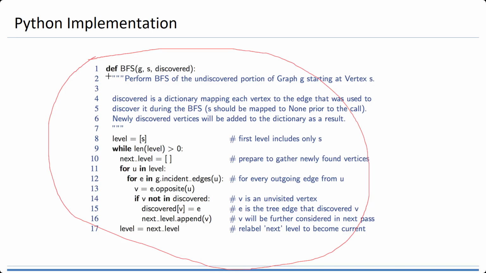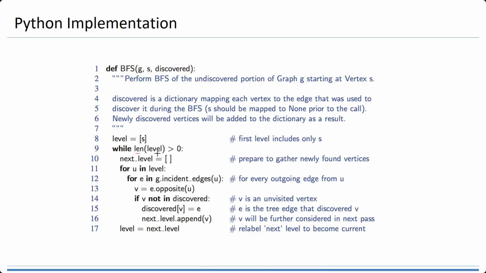Now let's check this Python code. BFS, with S and a parameter discovered. So level equals S. S in this case is a list with only one node, only S. Now I would like to check what is the length of the level. The level length is 1, so it is higher than 0.